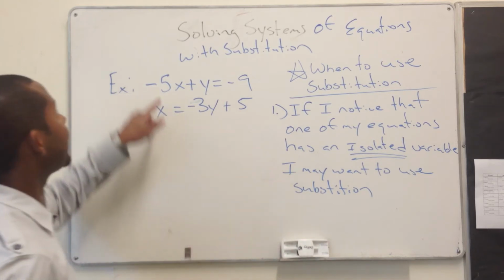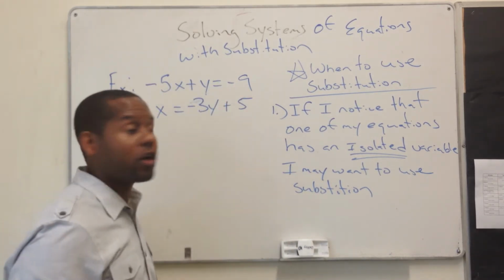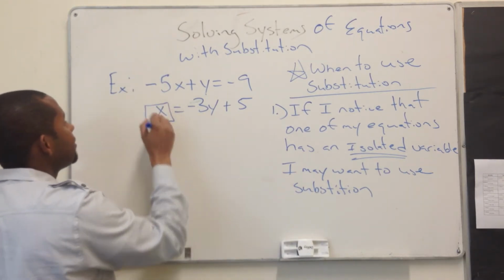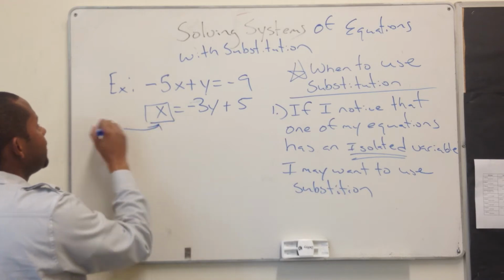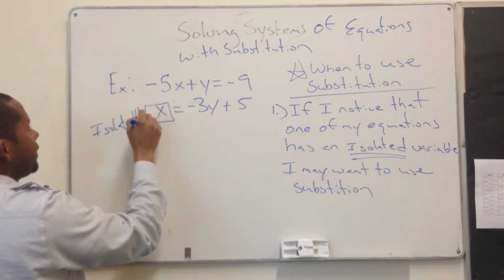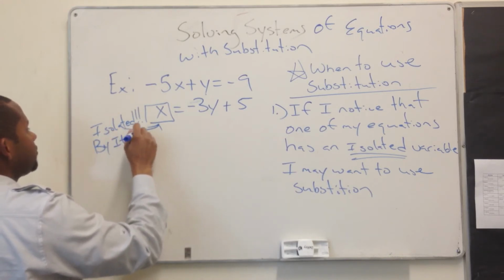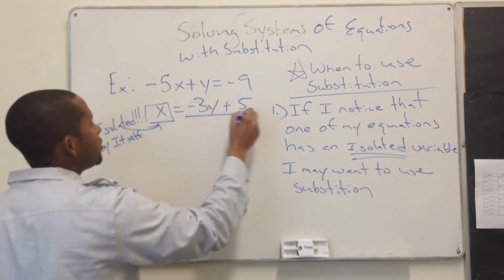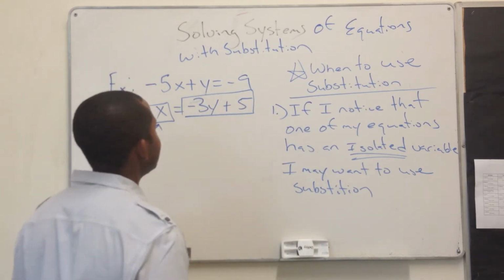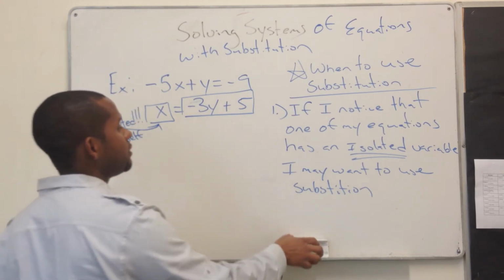Right here, negative 5x plus y equals negative 9 is all well and good, but here's my key. See how x is isolated? It's by itself. I know x equals negative 3y plus 5. That's the key.